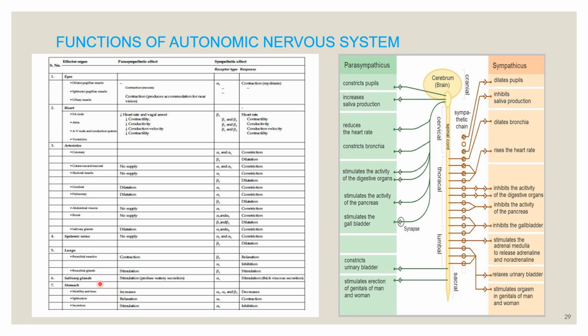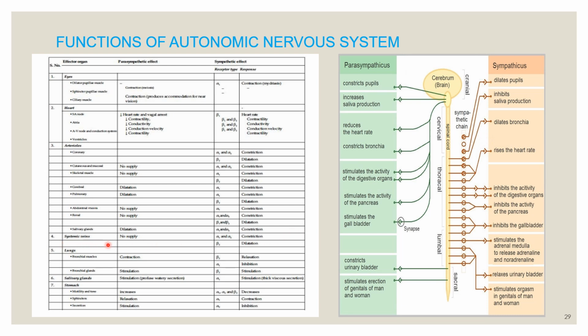Coming to salivary glands. Parasympathetic will cause dilatation of the arterioles present in the salivary glands, and because of alpha 1 and alpha 2, they will cause constriction. And renal, in addition to alpha 1 and alpha 2, is also having beta 1 and beta 2 receptors, leading to dilatation of the arteriole present in the renal system.